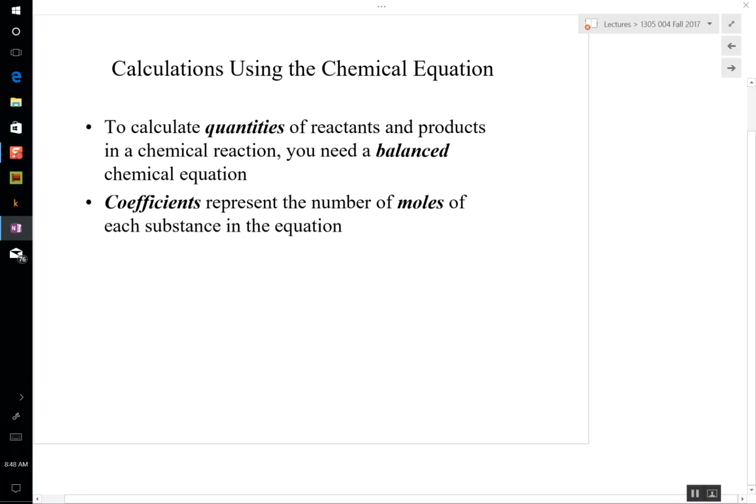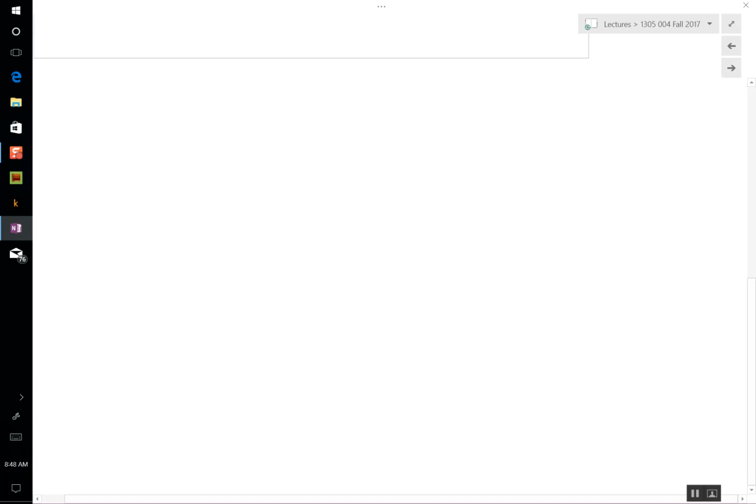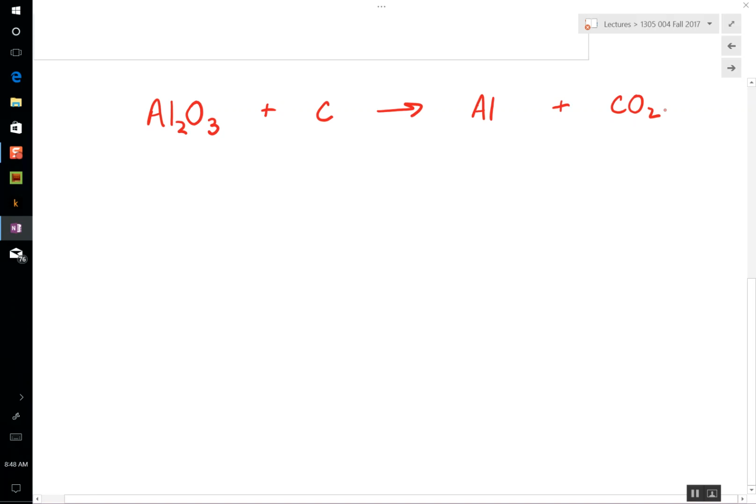Okay, calculations. Let's go back to my favorite reaction, because this is what we were making, aluminum. I don't know if it's my favorite reaction, but it's one that I pick on a lot. And we balanced it. Do you remember the way we balanced it? We put a 2 here, a 3 here, a 4 here, and a 3 here.